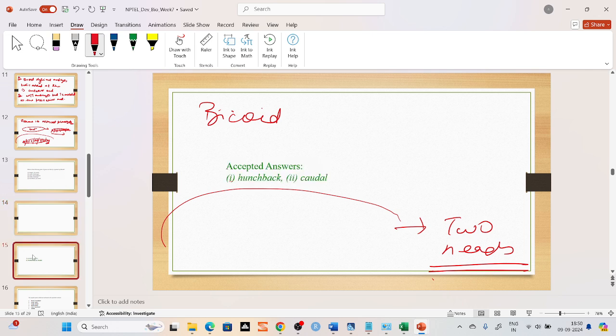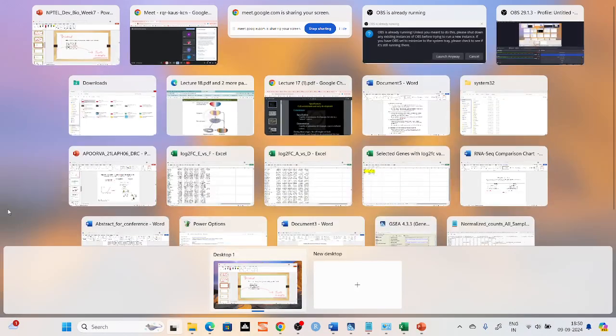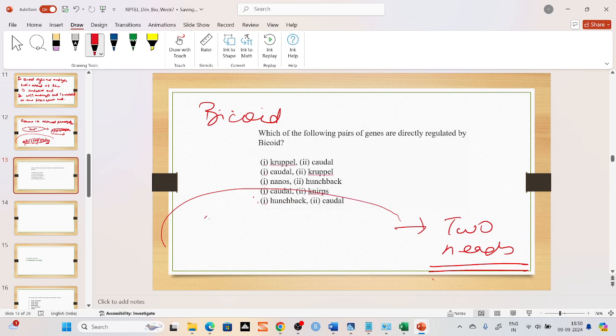First of all, we'll see the answer. The answer is hunchback and caudal, which is this one. Hunchback and caudal are the right answers. So, how are hunchback and caudal the right answers?